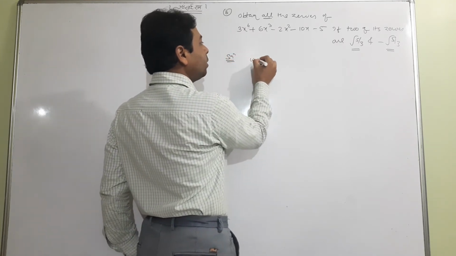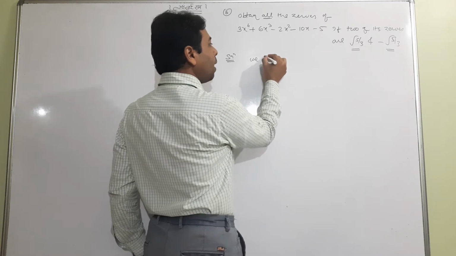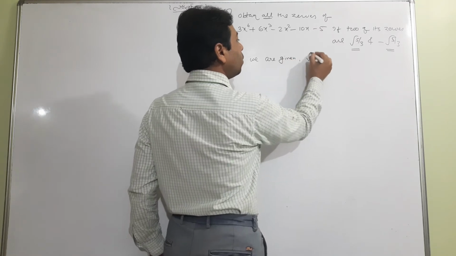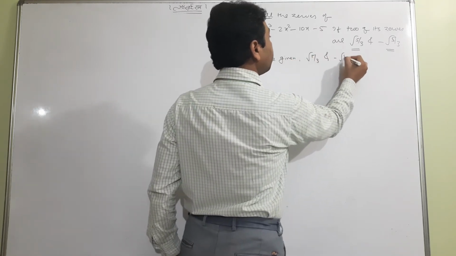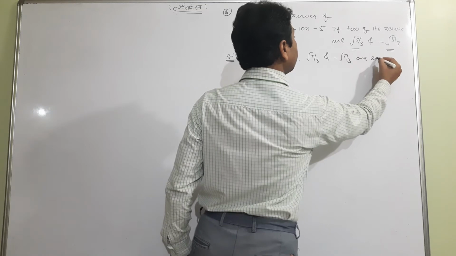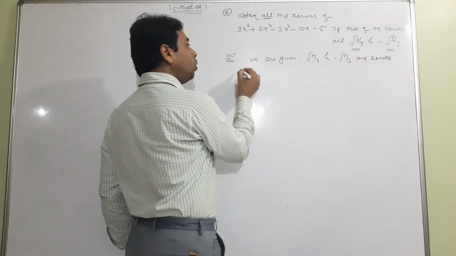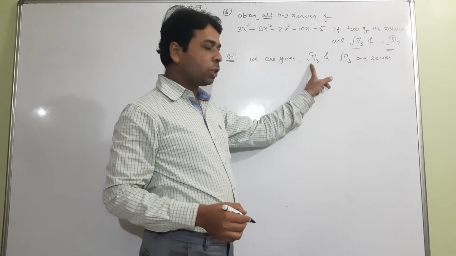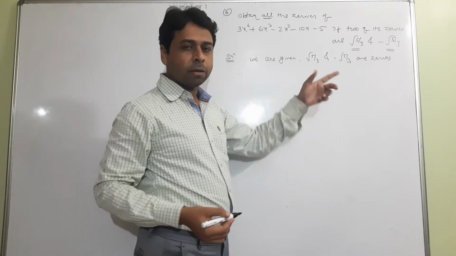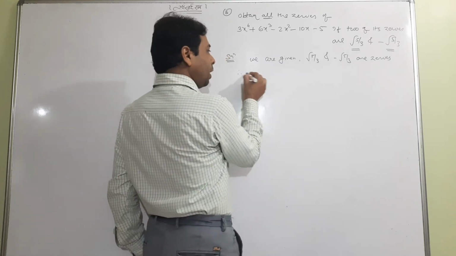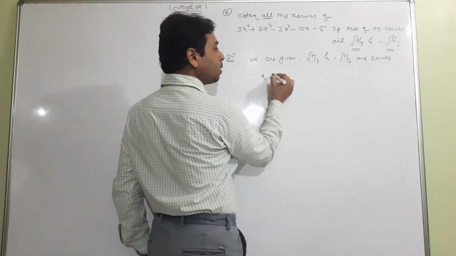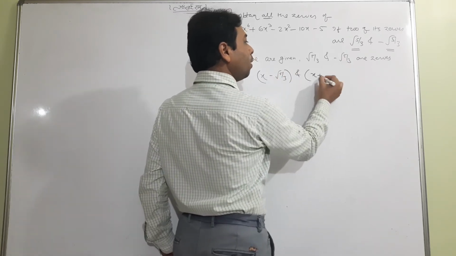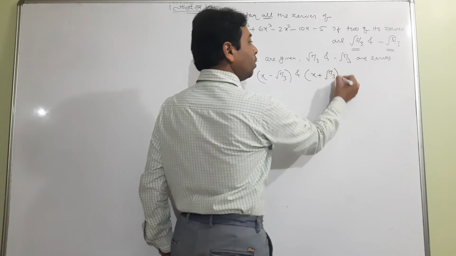First of all, I will write, we are given that 5 by 3 and minus 5 by 3 are zeros of the polynomial. What is the connection between zeros and factors? When you know the zeros, you know the factors. I had already taught all this. Therefore, x minus 5 by 3, and if it is minus, it becomes plus, x plus 5 by 3.